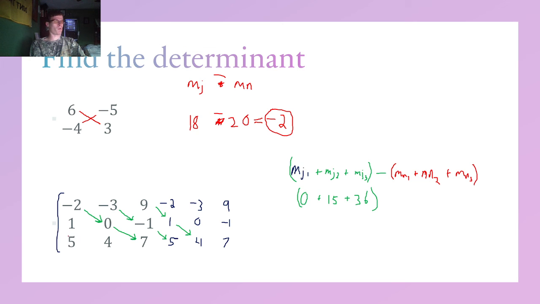You're starting with the bottom value of your first column, multiplying in an upward diagonal path. So 5 times 0 gives me 0, times 9 once again gives me 0. 4 times negative 1 times negative 2 gives me positive 8.